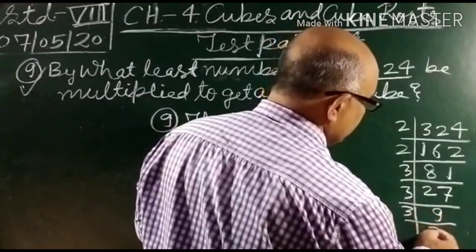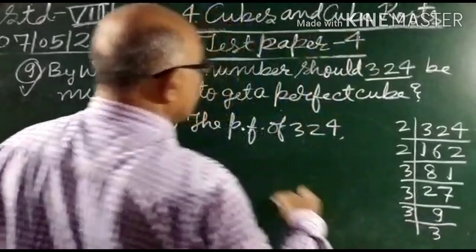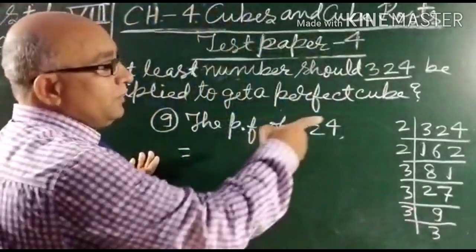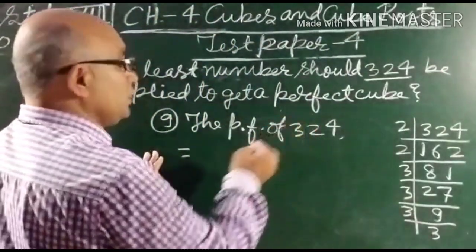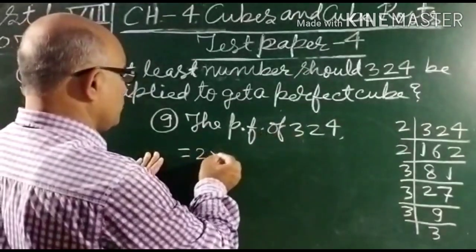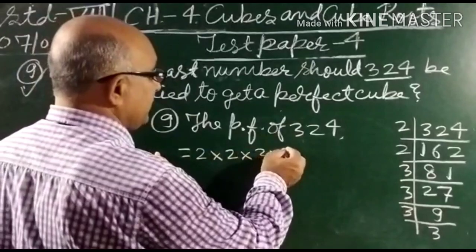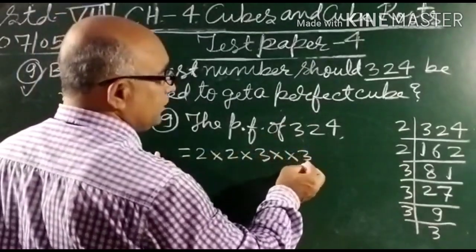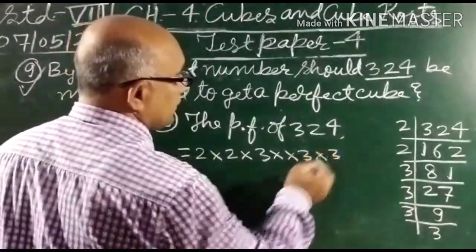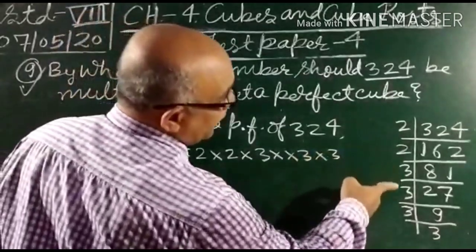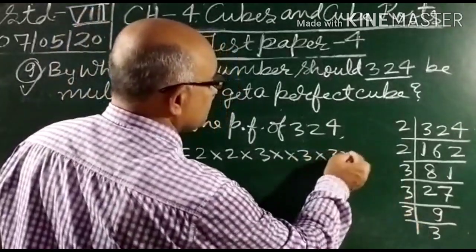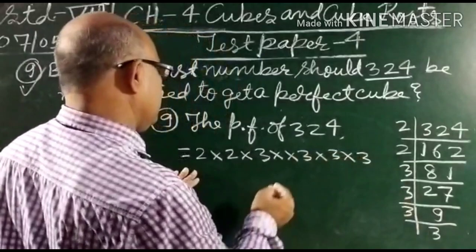Now 3 times 3 is 9. So the prime factors of 324 are 2 into 2 into 3 into 3 into 3 into 3.